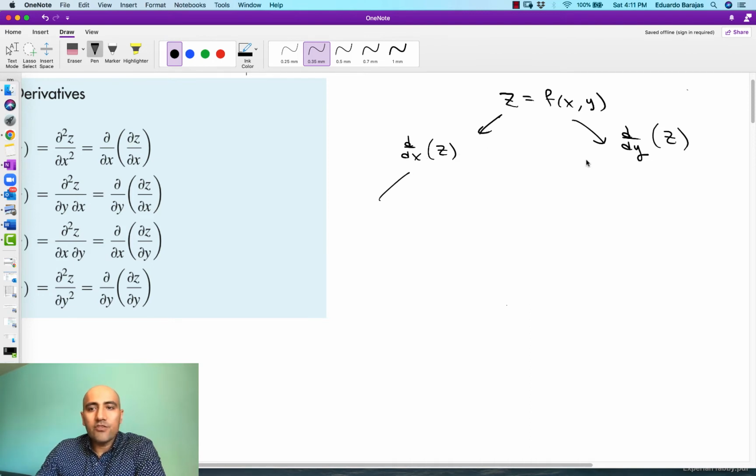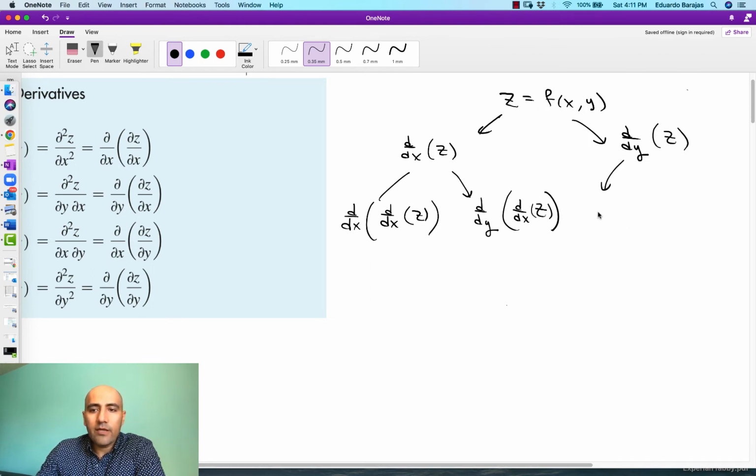And then these two would give us functions, and from those we can, once again, take the derivative with respect to x on the function which was the derivative with respect to x of z, or we can do the derivative with respect to y on the function which was the result of the derivative with respect to x of z.